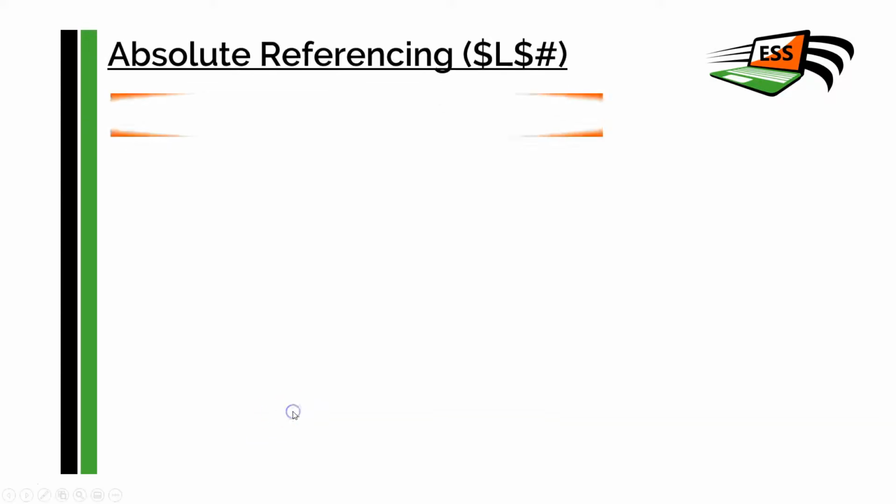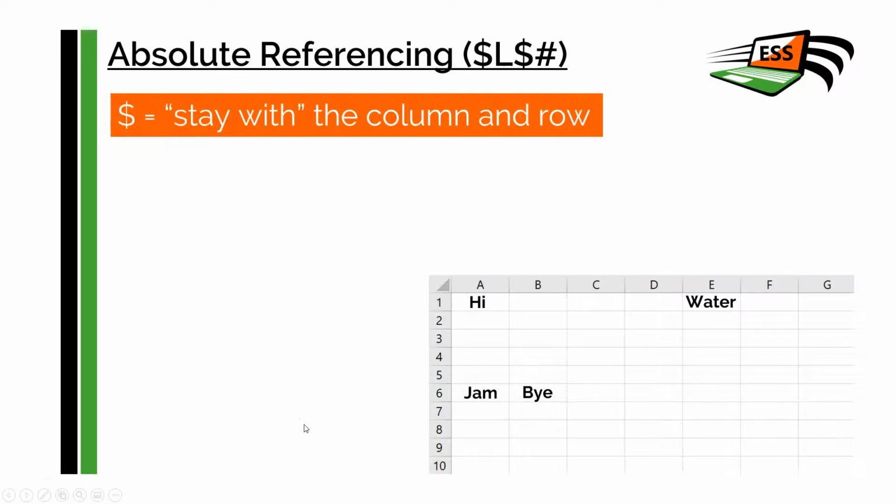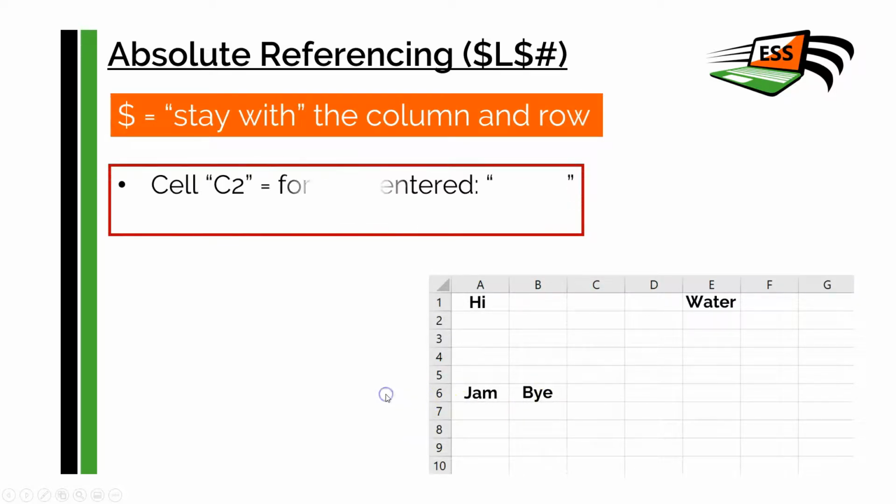Now we're getting to the last of our referencing, this one just being a straight absolute cell reference. And in this case, we are saying stay with the column and the row. Same example as before, we place our formula now being $A$1, saying stay with column A, stay with row 1.